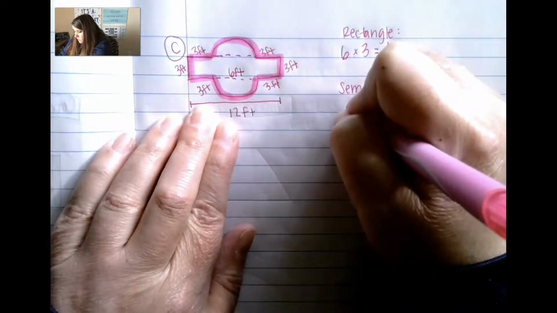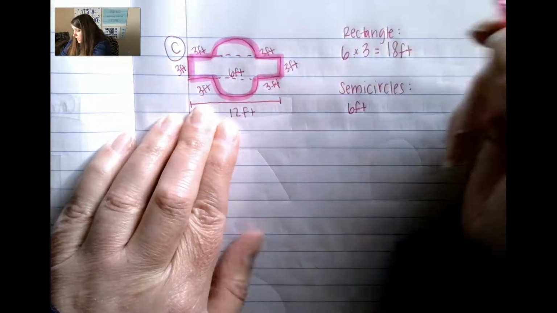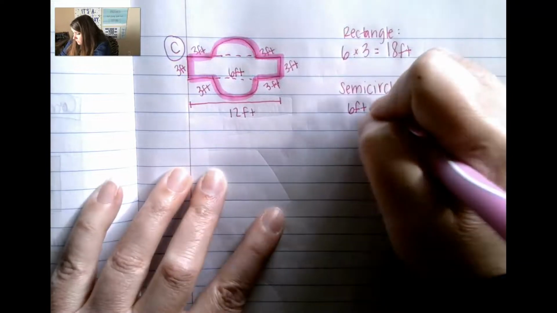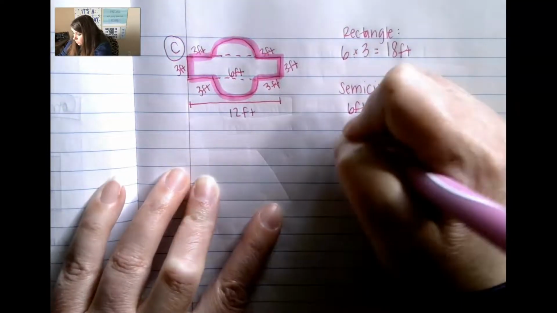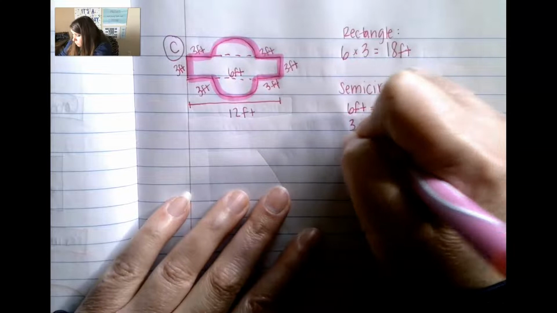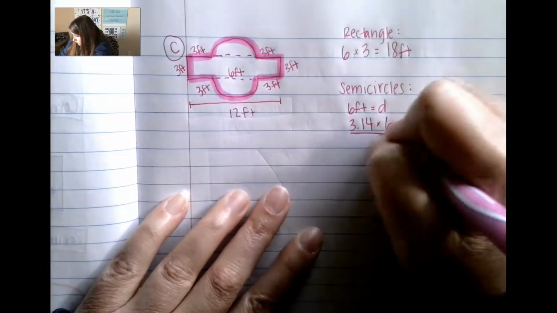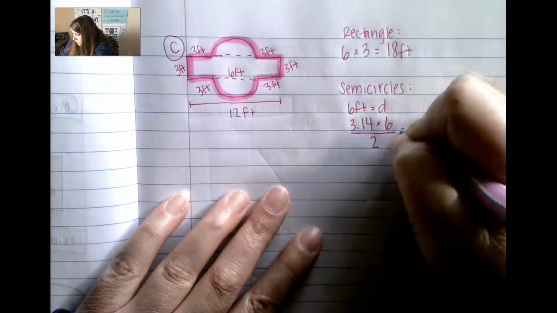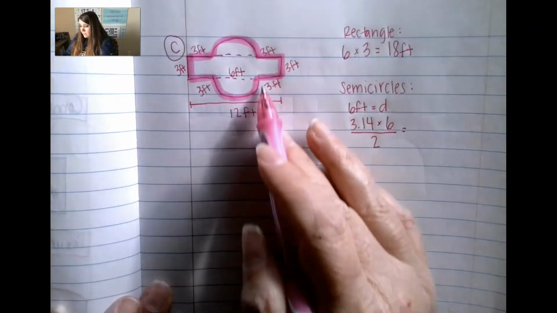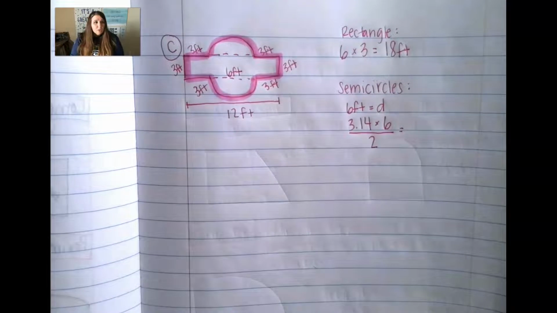So we're going to use 6 feet for our diameter, and we're going to use 3.14 times 6 feet, and then we're going to cut it in half because we're only walking on the outside of this circle.